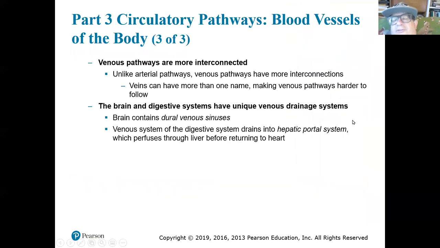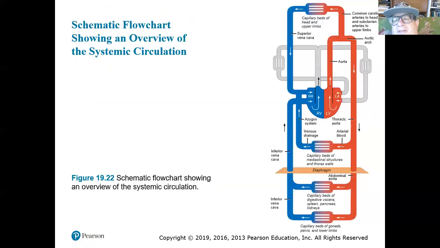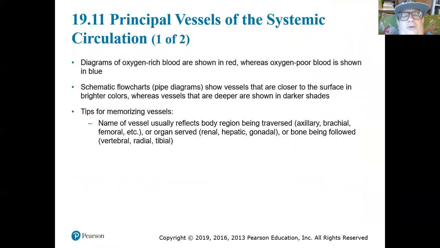Oh, mediastinal structure. All right, so they're talking about the bronchi and stuff like that, the trachea. All right, then below the diaphragm, obviously, you have what's happening to all the viscera, all the organs, and then separately from that, what's happening to the gonads. All right, so let's move on.